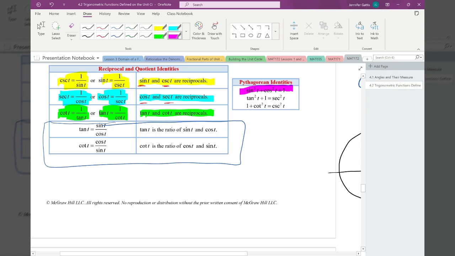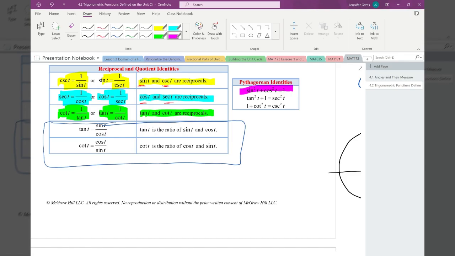Now, we can also manipulate these equations, and we can create that tangent squared plus 1 equals secant squared, and 1 plus cotangent squared equals cosecant squared.